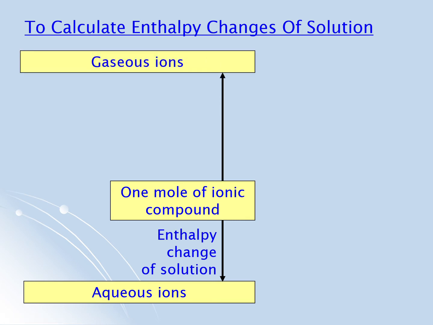Now, then, in order to get to that enthalpy of solution, to get to those aqueous ions, I'm going to have to break every single bond within that compound, okay, because I've got free ions dissolved in water in the bottom line here. Okay, so I need, in order to do that, to break every single electrostatic attraction, and that would be equivalent to the lattice dissociation energy.